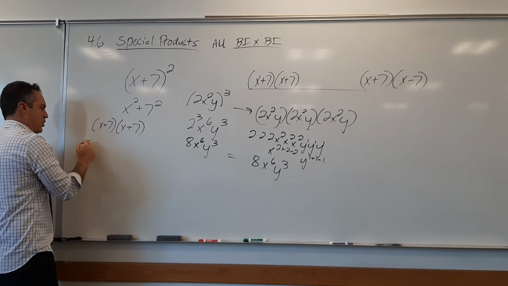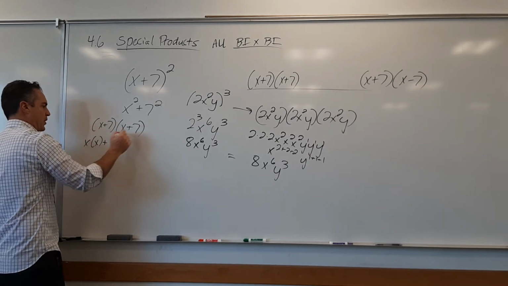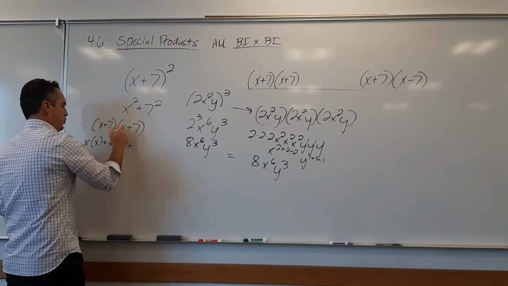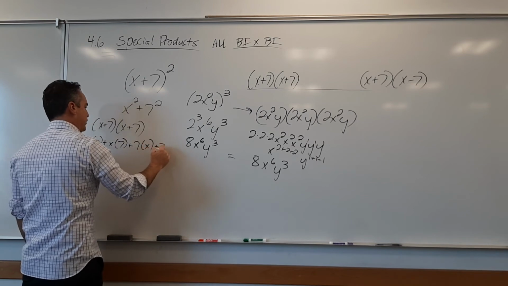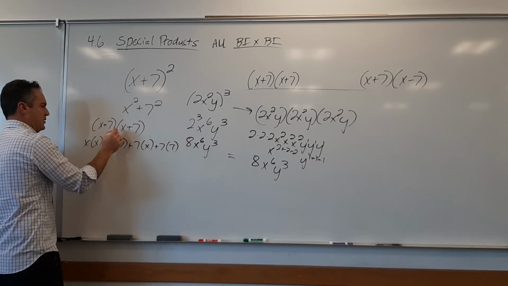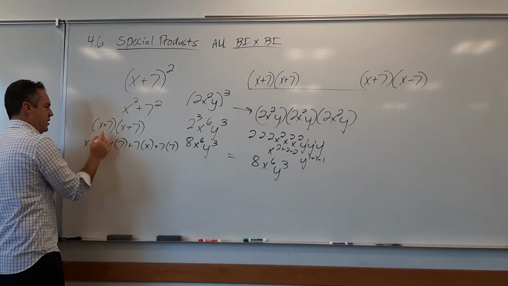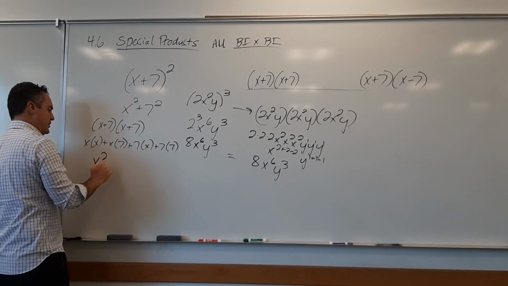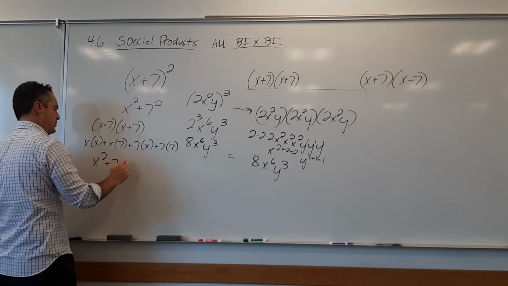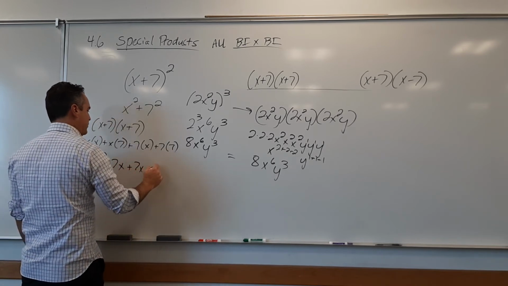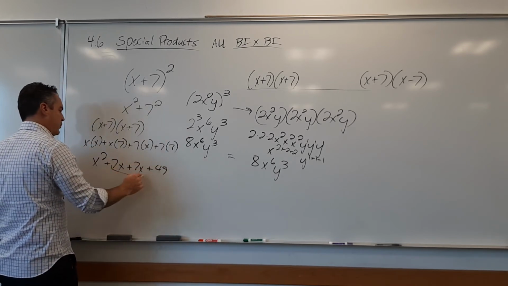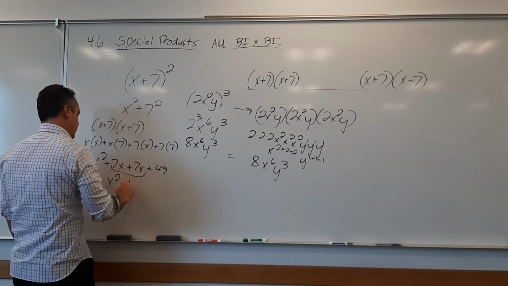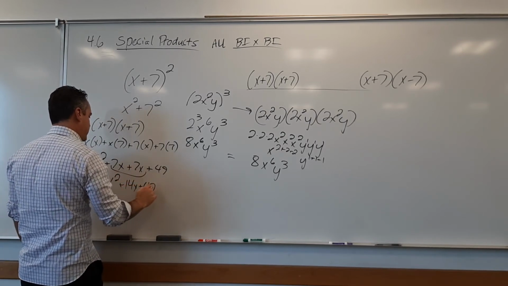Which means I have x times x plus x times 7 plus 7 times x plus 7 times 7. X times x is x squared. X times 7, always put the number up front, 7x, plus 7x, plus 7 times 7 is 49. This ends up being x squared plus 14x plus 49.